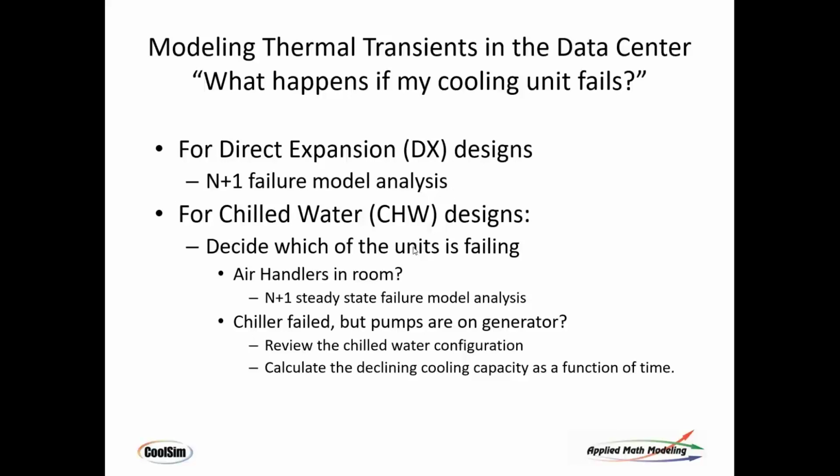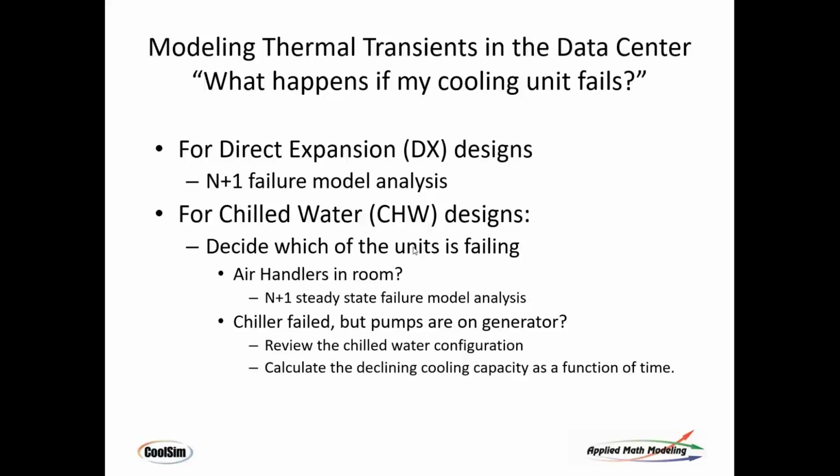Now, the other case is the chiller has failed, but the pumps are on the generator. This is typical. Typically, the pumps are redundant and they're on the generator. The chillers are often redundant as well. But occasionally, people will want to understand what happens if the chiller goes out or chillers go out and the pumps are still on.